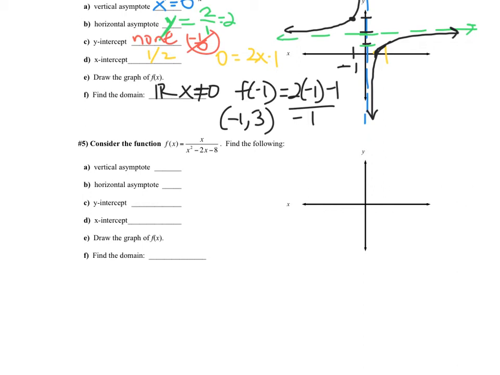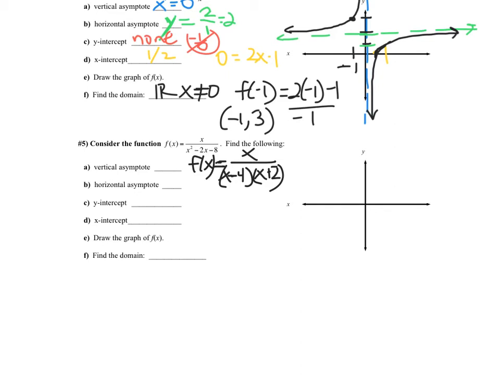So consider the function, find the following. Now, let's start. We've got to find the vertical asymptotes. So let's start by factoring. I'm really bummed I'm not here for this. I love this stuff. All right, x over, and we're going to factor. What times what is -8, adds up to -2? So that would be x minus 4 and x plus 2. Our first one, that's going to have two vertical asymptotes.